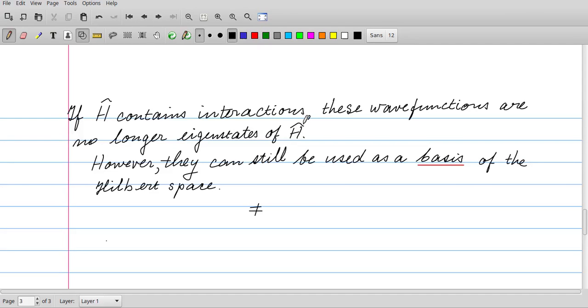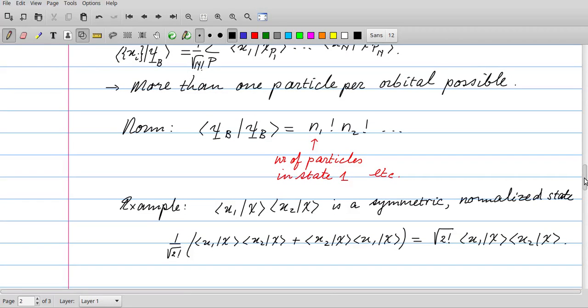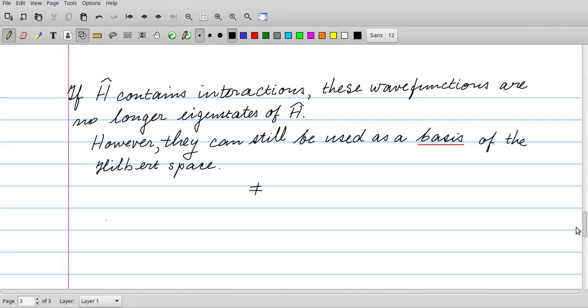And the problem of a Hamiltonian with interactions is tremendously complicated, but often people use basis sets which have the form like this, just as a basis in the Hilbert space, because the many particle Hilbert space is the same for non-interacting and interacting particles. And so these wave functions we have just studied are used very frequently to express the physics.